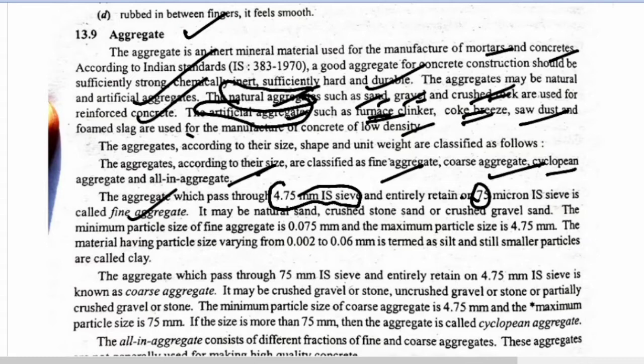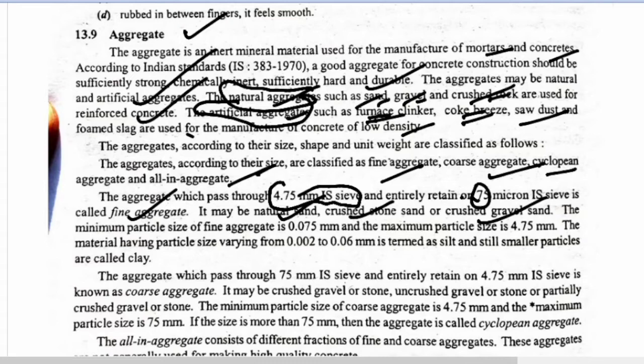It may be natural sand, crushed stone sand or crushed gravel sand. Fine aggregate मतलब sand, natural sand, crushed stone sand and crushed gravel sand.